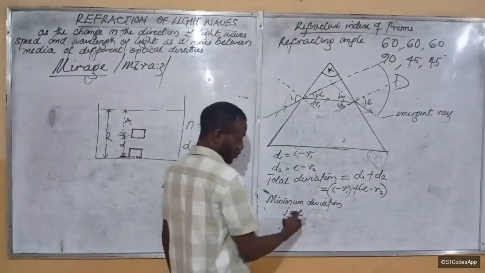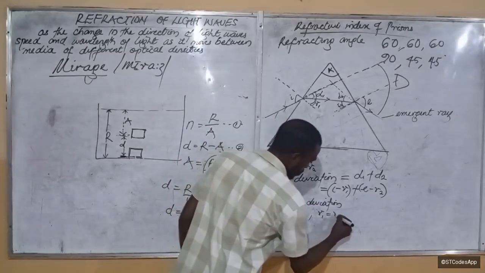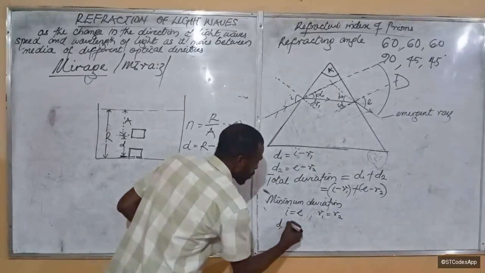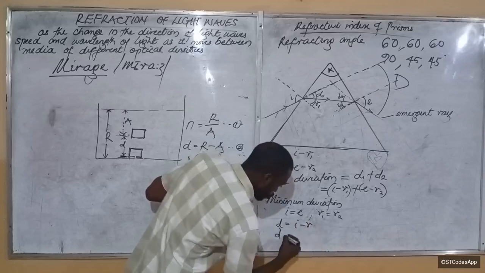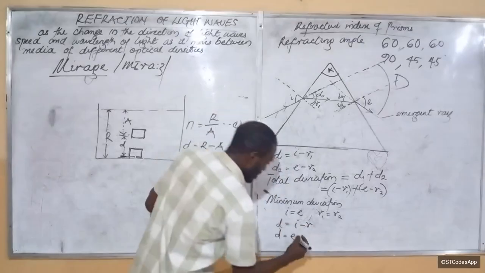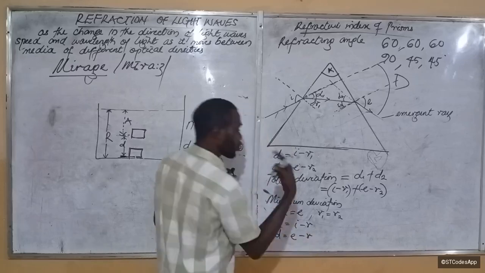So if angle of incidence is equal to angle of emergence, it therefore means that R1 will also be equal to R2. So in such a case, deviation 1 will be equal to I minus R. Deviation 1 and deviation 2 will be equal. So it means that deviation 2 will also be emergence minus R, because R will be equal to R.